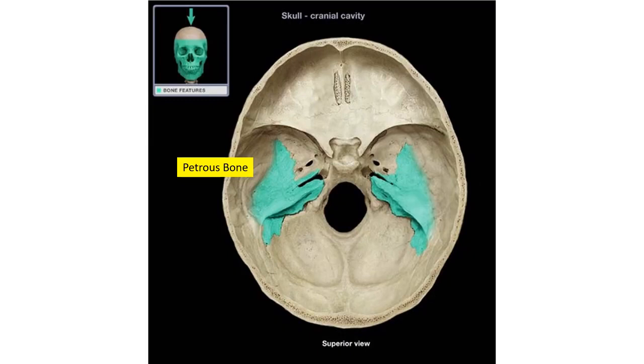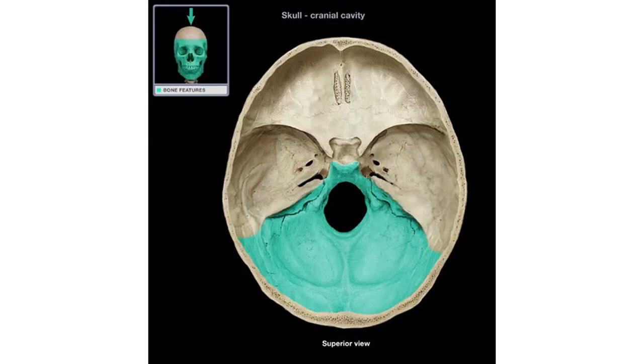So the question is, what makes the floor of the middle cranial fossa? The answer is the greater wing of the sphenoid plus the petrous part of the temporal bone.